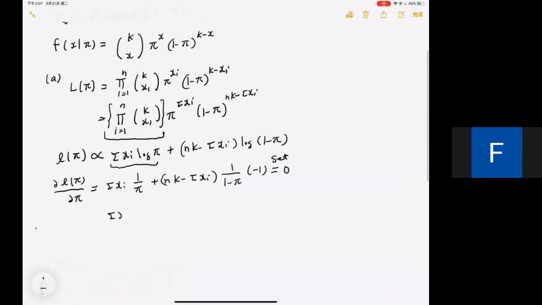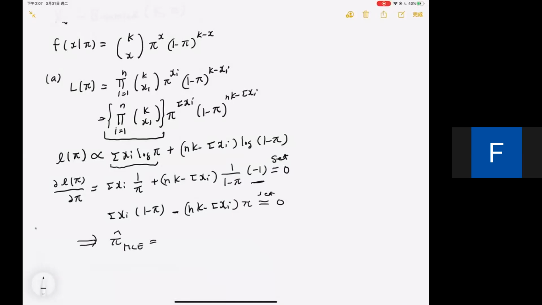This gives summation xi times (1 minus pi) minus (nk minus summation xi) times pi, equals 0. Acknowledge the minus term right here. Solving for pi, you'll find it's pi hat MLE.